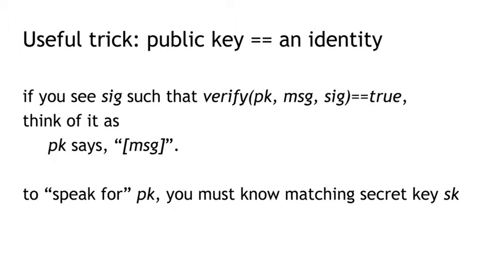And if you think about it then, for someone to speak for PK, that is for someone to be able to make statements that will be seen as coming out of PK's mouth, you have to know the matching secret key, SK. And so if you know the secret key that corresponds to the public key, PK, then you can sign messages with that secret key, and what you're doing essentially is making statements on behalf of that public key.